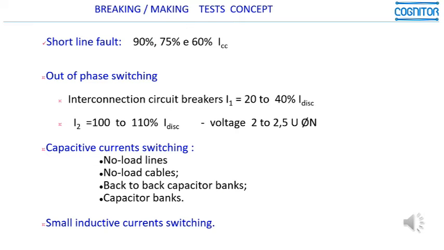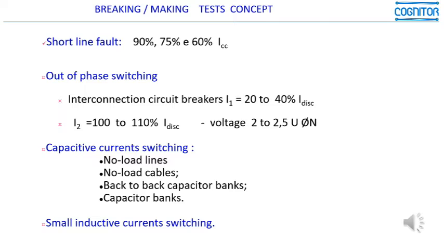Here we have some other basic variations of the short circuit test, the breaking test: short line faults, where you simulate conditions at 90%, 75%, and 60% of the maximum short circuit current of the breaker. Out of phase switching, capacitive current switching, small inductive current switching.